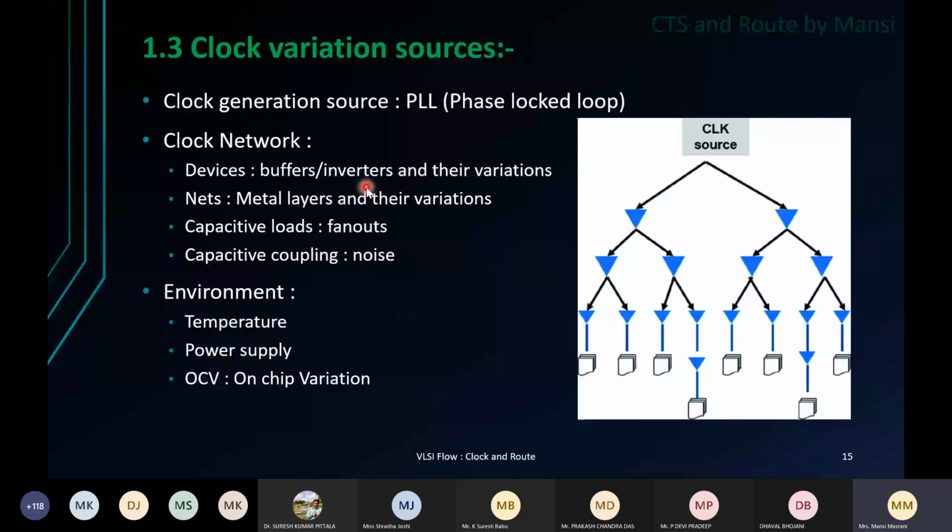If you see from here, this is the difference in the load. It has one more buffer over here, and then the flops come into picture. And this buffer sees two buffers directly as load. So these two buffers' capacitive loads are different, and the delay because of that would also be different.